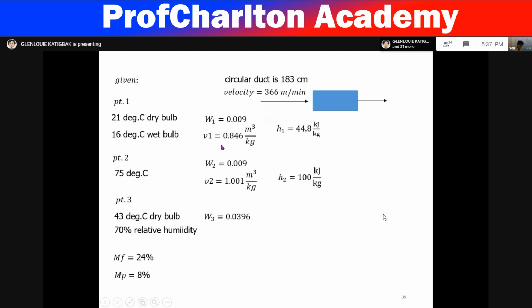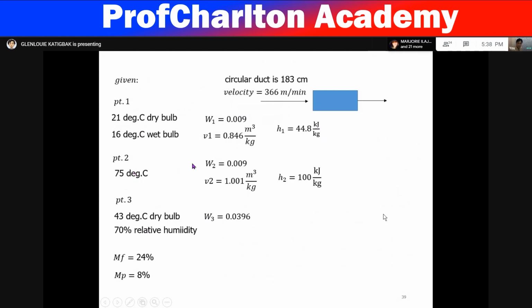Then from the psychrometric chart, I took the values we need. So W1, my humidity ratio, is 0.09 kilograms per kilogram of dry air. Then its specific volume is 0.846 cubic meters per kilogram of dry air, and its enthalpy is 44.8 kilojoules per kilogram of dry air.